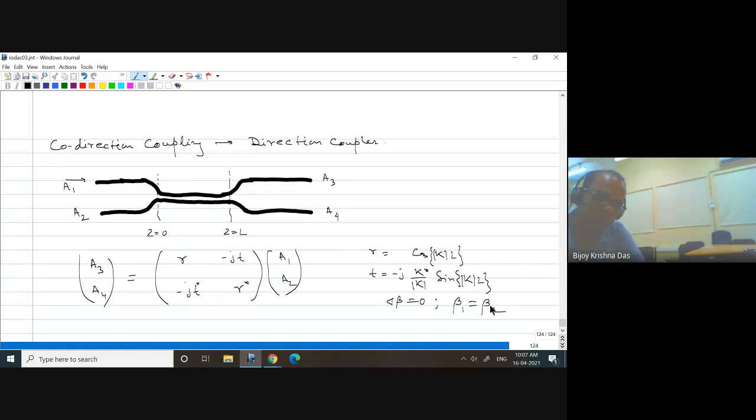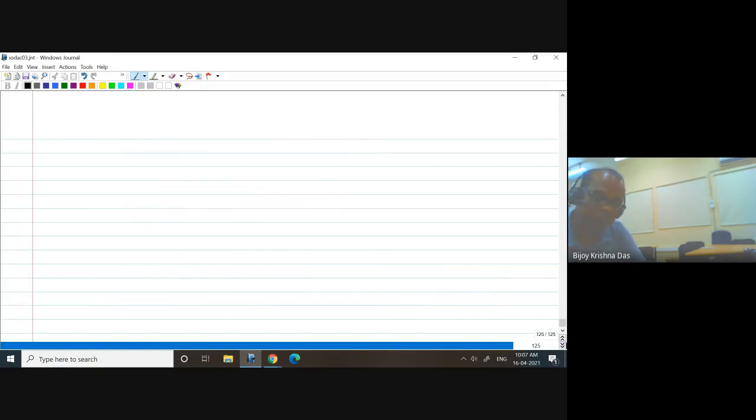And I can just consider, suppose, beta 1 not equal to beta 2. Okay, that means we have delta beta not equal to 0 but can be close to 0.